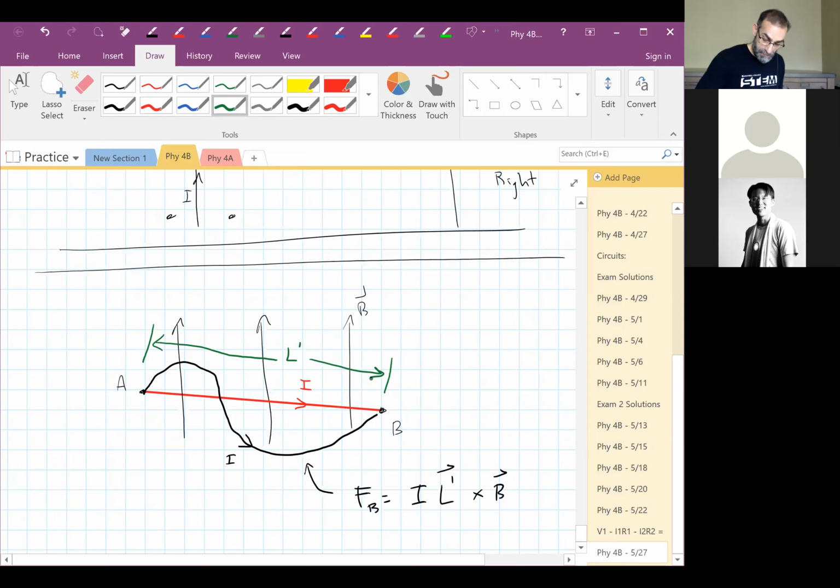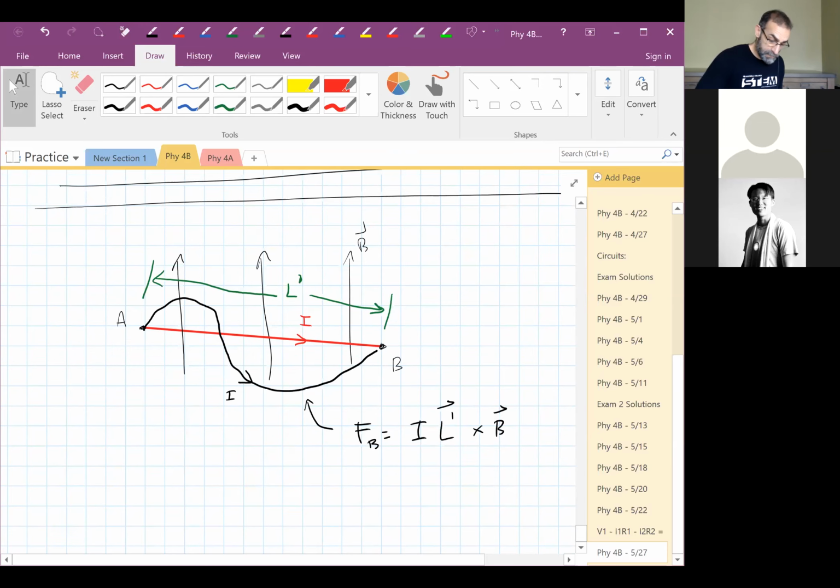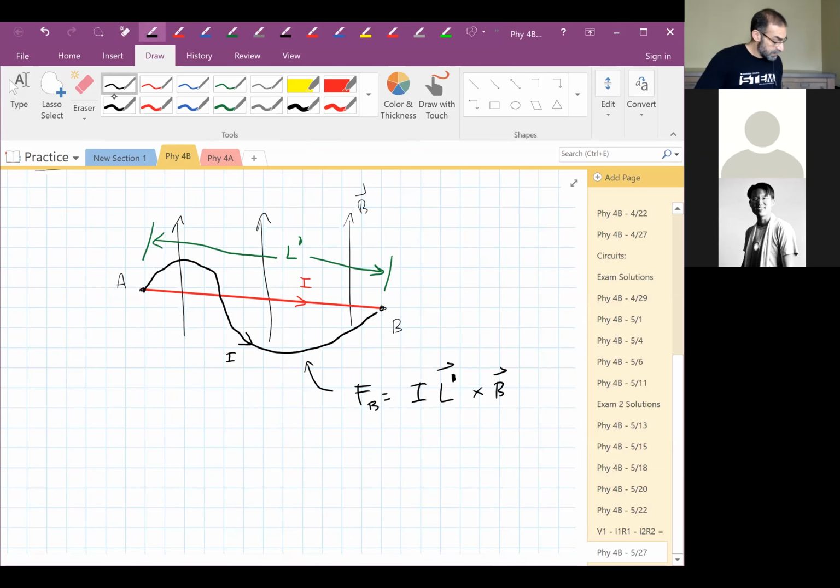That's L prime. Okay. You can just take the straight line path.